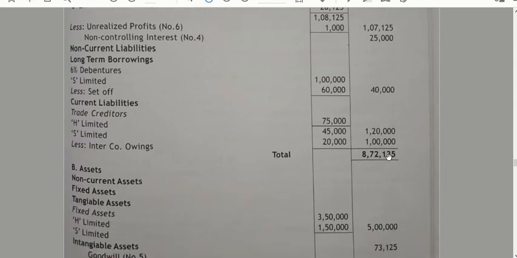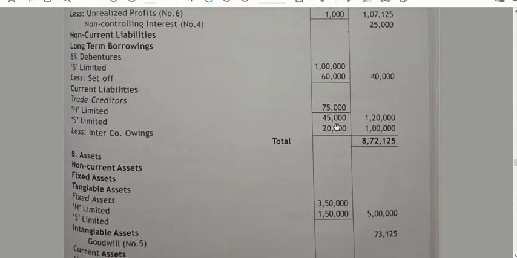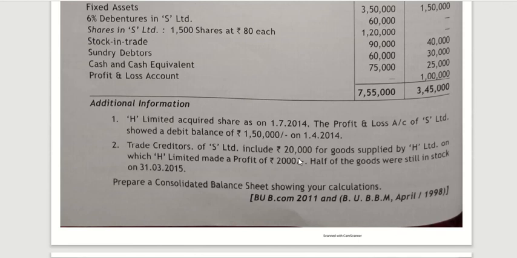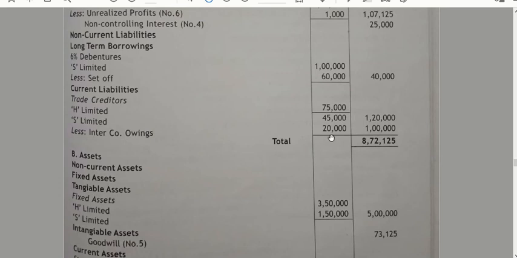Current liabilities, trade creditors. H Limited is 45,000 and S Limited is 20,000, total 75,000. Your intercompany owings is 20,000, so minus your 20,000.